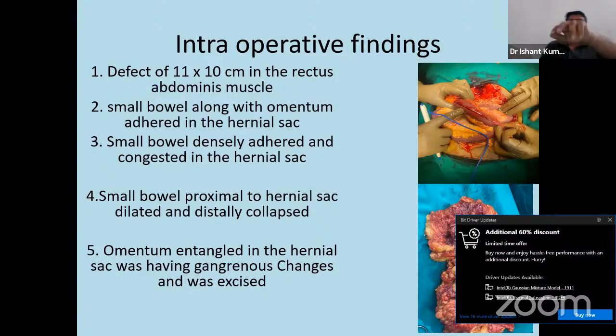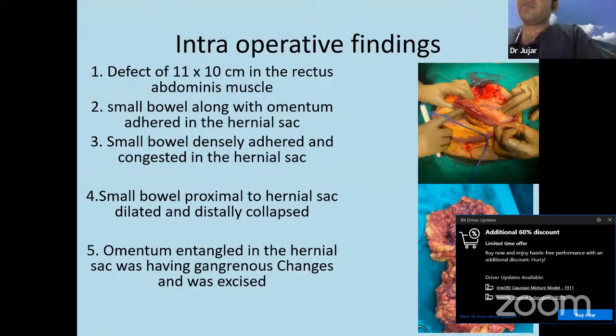Ryle's tube was inserted. Foley's catheterization was done, and the patient was planned for exploration. Sir, a 1 by 1 centimeter defect was found in the rectus abdominis muscle. The small bowel along with omentum was adherent in the hernial sac. The bowel was densely adherent, and there was a little congestion of the small bowel.